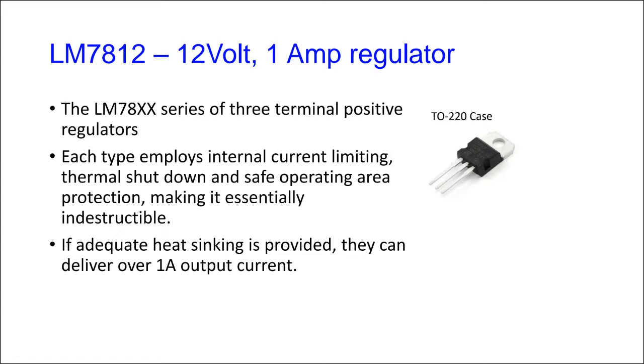All right, it has everything that we spoke about before. On top of that, it has internal current limiting. So this particular one, the 7812, can supply 12 volts at 1 amp, just like our design circuit inside of there. It will limit the current to a little over 1 amp.